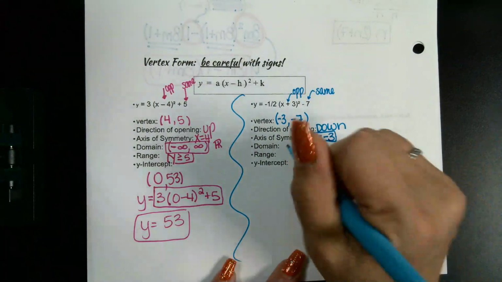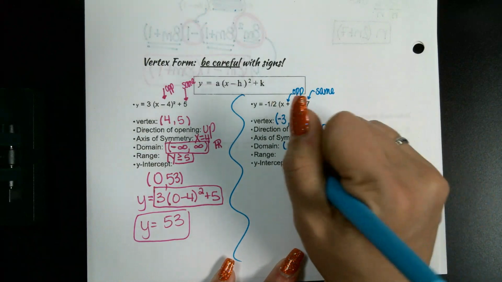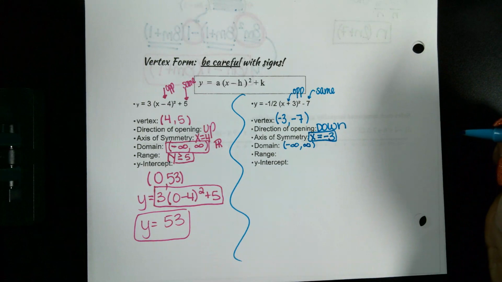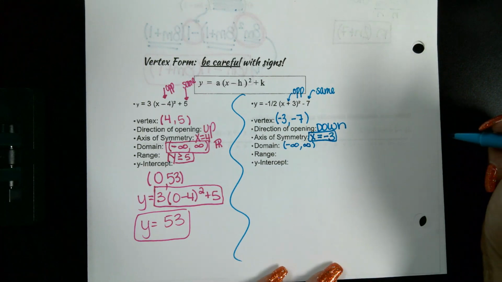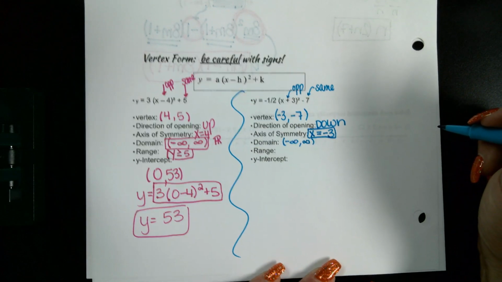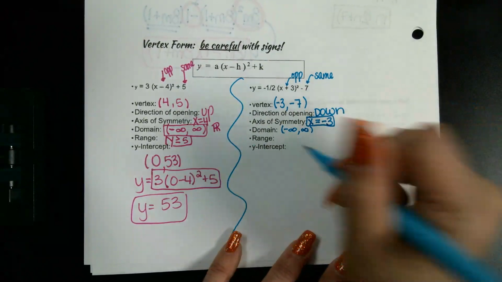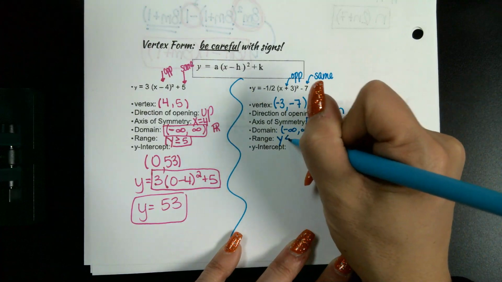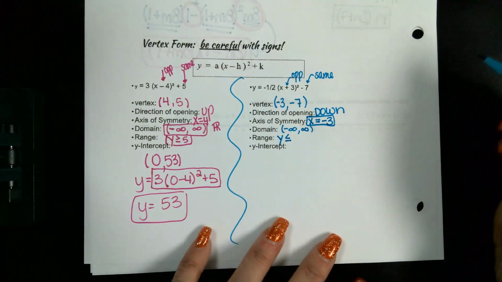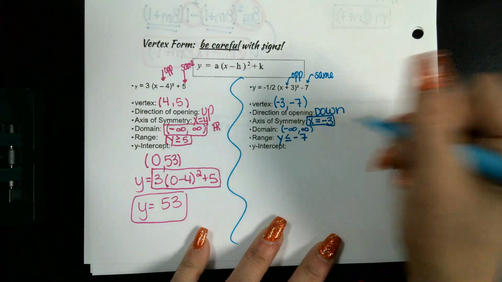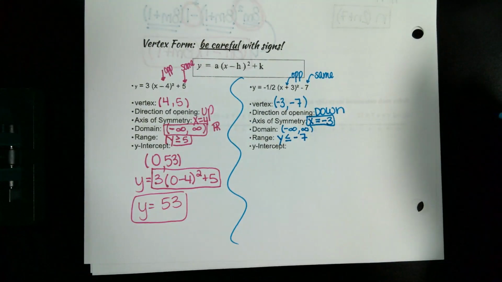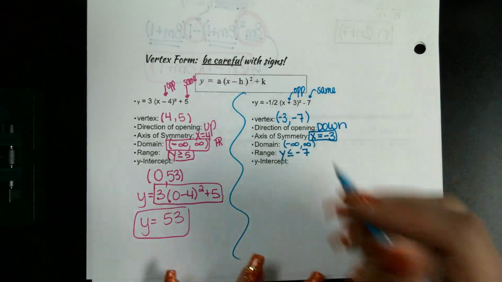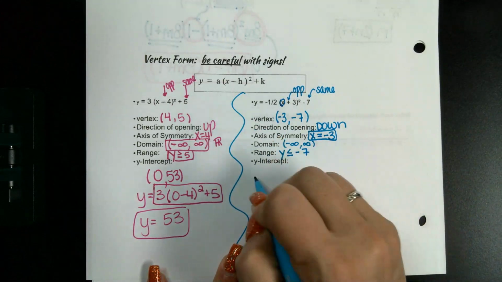Domain, all real numbers, negative infinity to positive infinity. Range would be y is less than or equal to -7, because it's facing down. And then for the y-intercept again, we're going to just plug in a 0 where the x is.